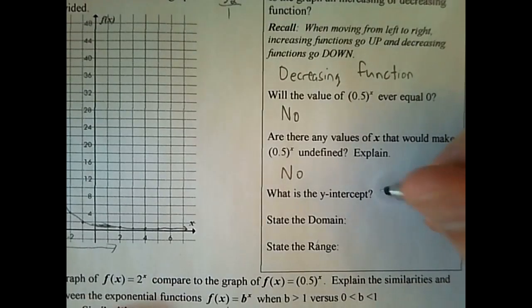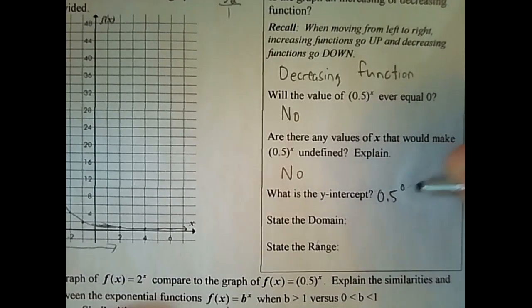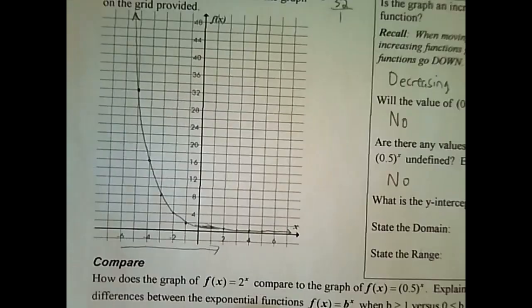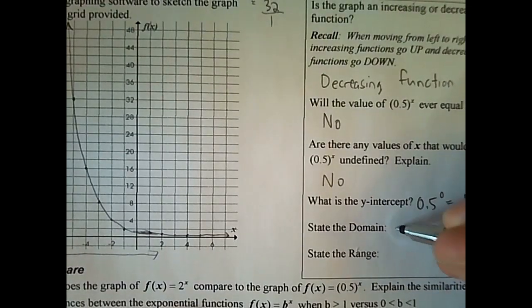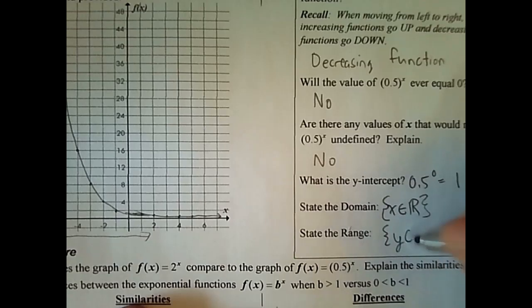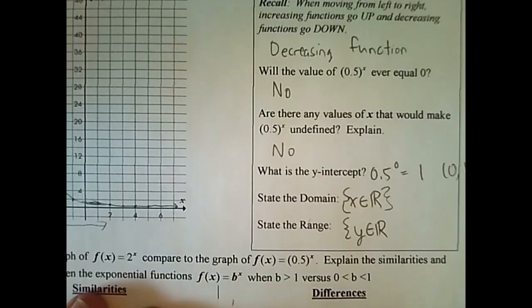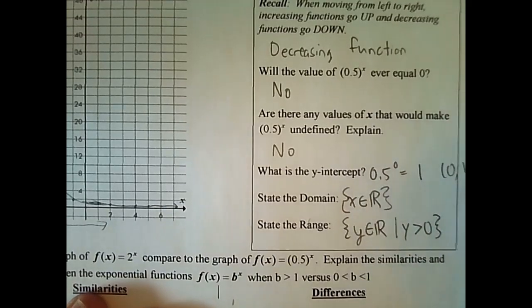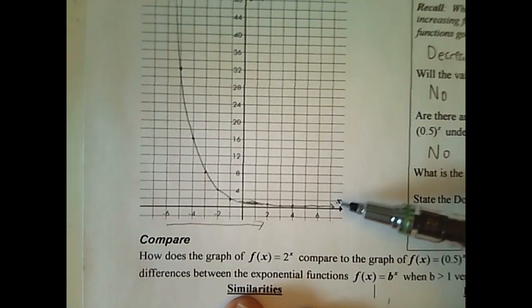What's the y-intercept? Same as before, x equal to 0 gives 1, so (0, 1). The domain is any real number. And the range is also the same, in that y is any real number, but y still has to be greater than 0, because it never reaches 0 and it never gets to any negative values for y.